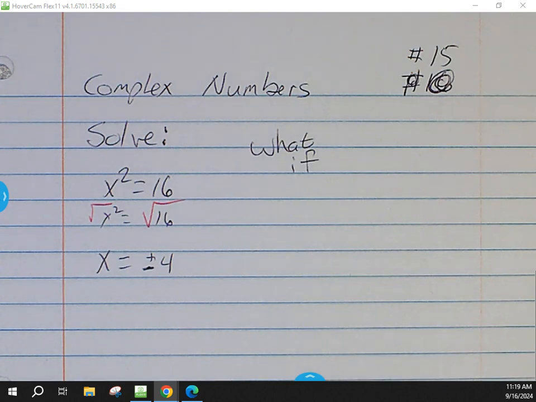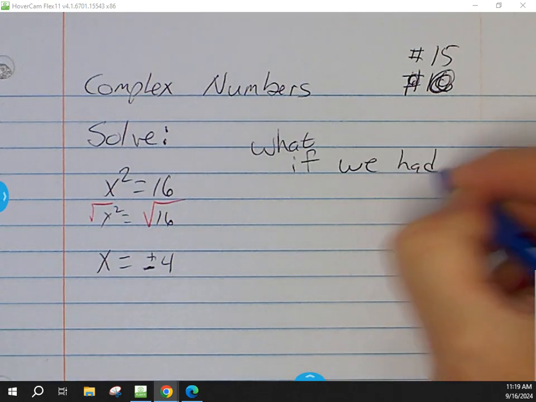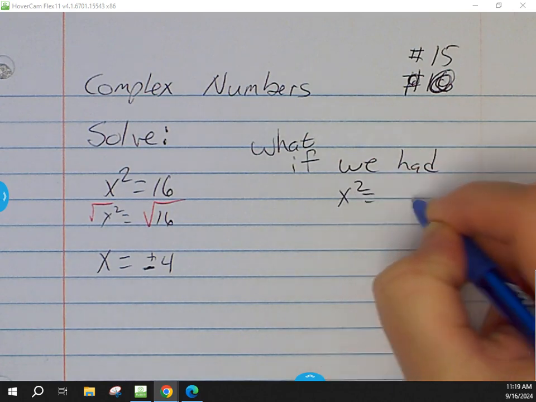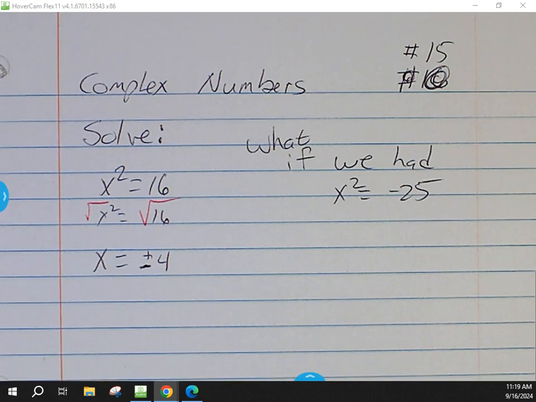All right, we're going to do a what if here. Okay, and so for the what if on this one, we're going to have a what if a squared equals negative 25.